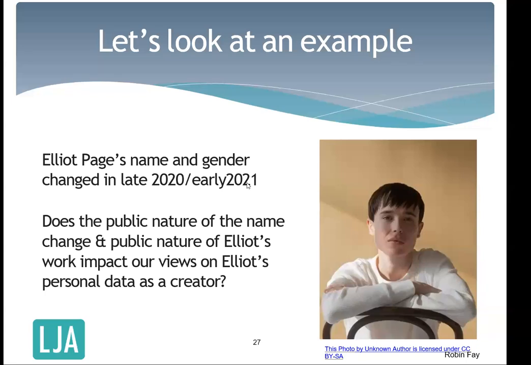Elliot Page is actually a really good example of this, because Elliot's gender and name changed in late 2020, early 2021. It was, of course, a transition period.